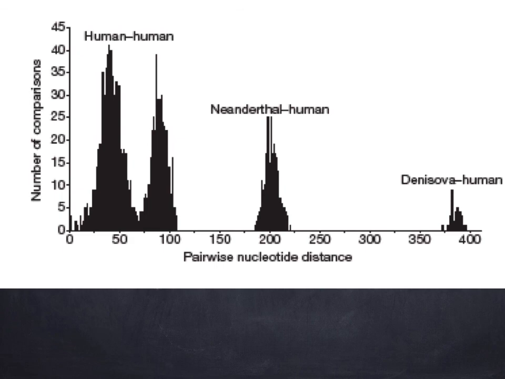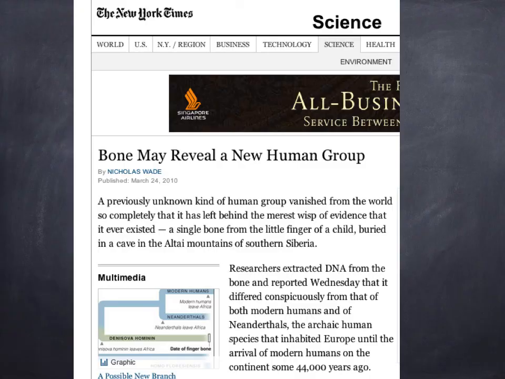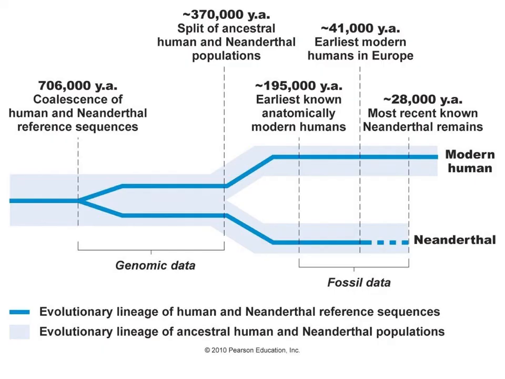The only reason they exist in humans today is because they originated somewhere around 706,000 years ago, let's say, or somewhere between there and 370,000 years ago in Neanderthals, but the populations were still mixing a bit before 370,000 years ago.